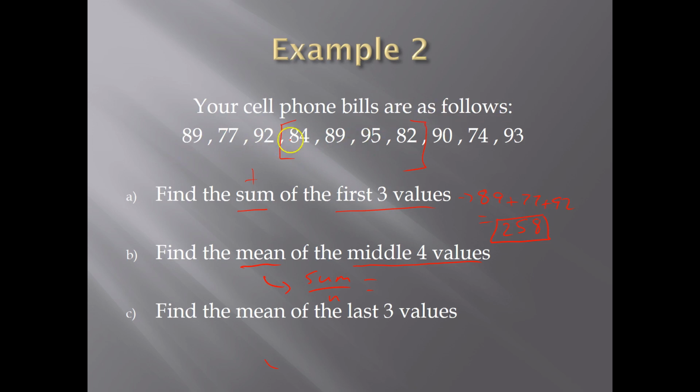There's 3 on the left, 3 on the right. That means those 4 in the bracket must be in the middle. So I need to find the sum of those. That means I'm going to add them together: 84 plus 89 plus 95 plus 82 and divide by n. So how many numbers did I add together? 4. When I do that, I end up getting 350 divided by 4, which ends up being 87.5.